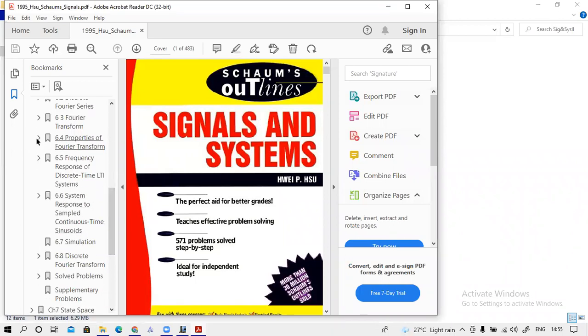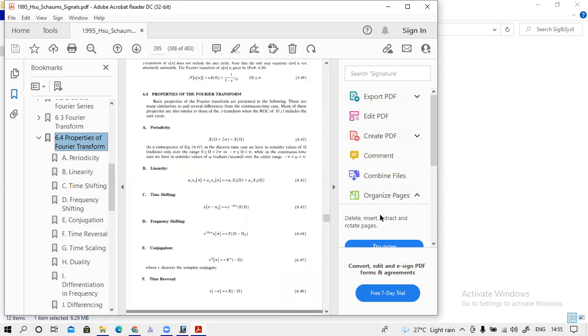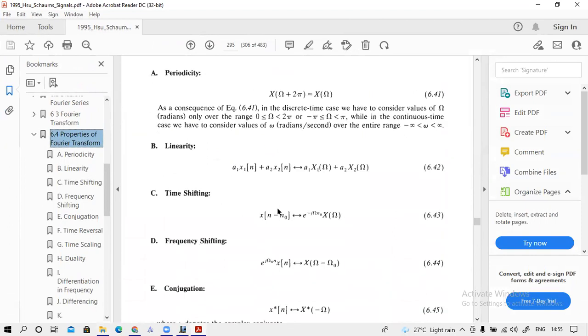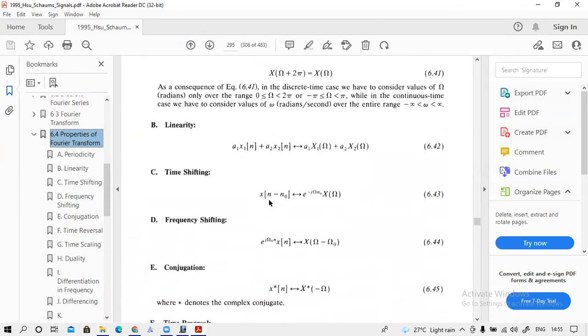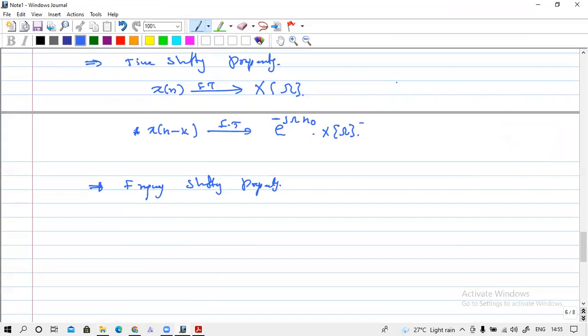Here are the properties of the Fourier transform. Here x[n minus k] gives e to the power minus j omega k times X of omega, where it is k.